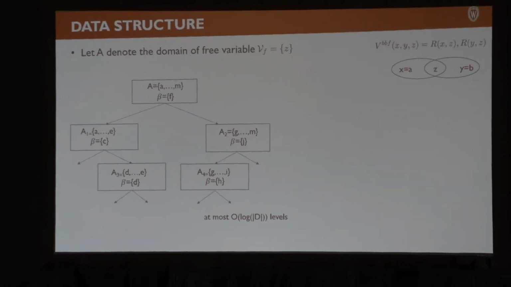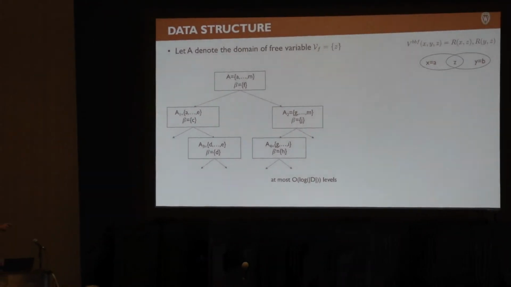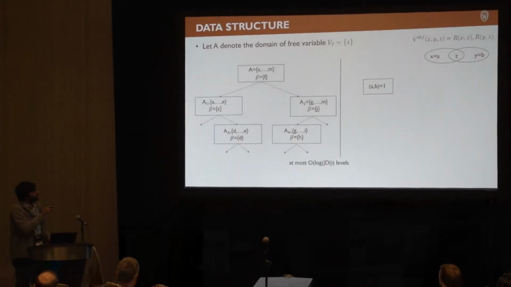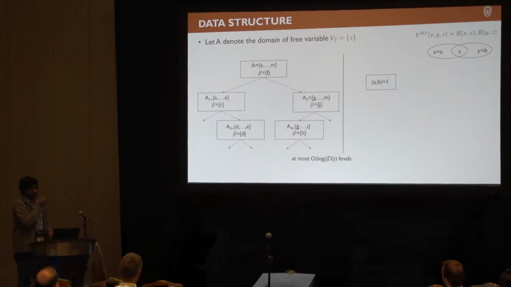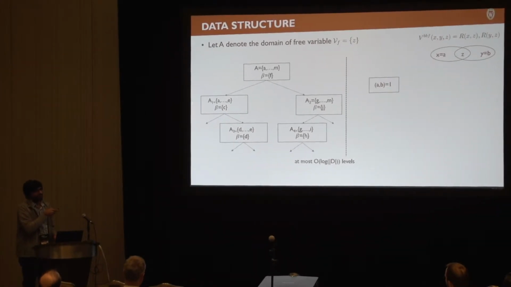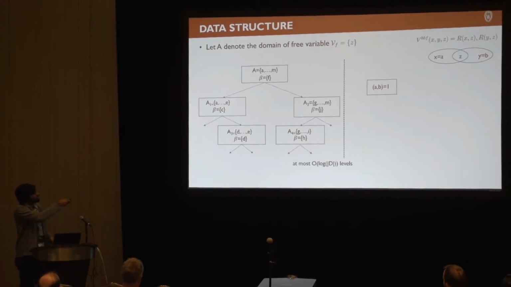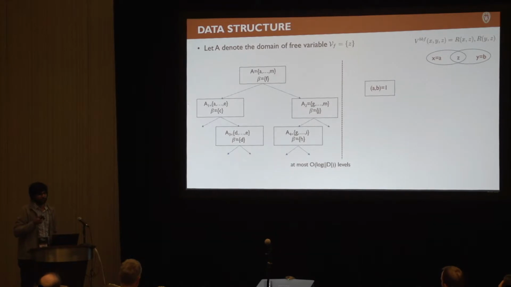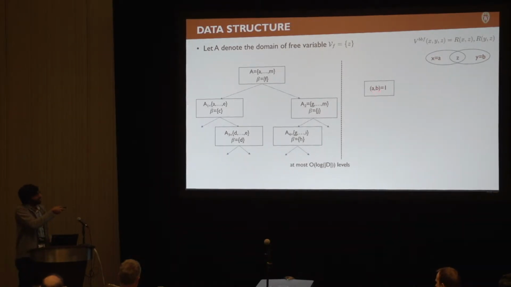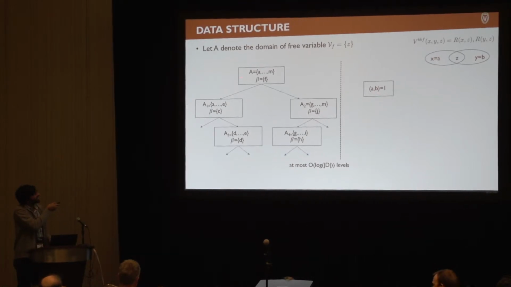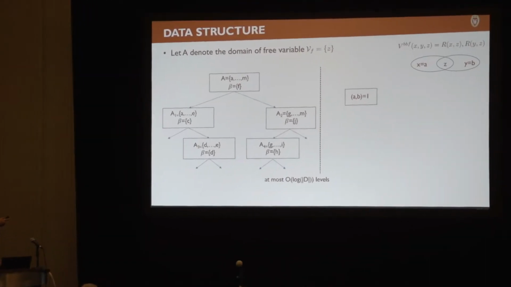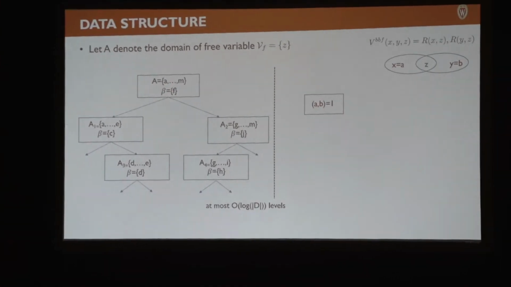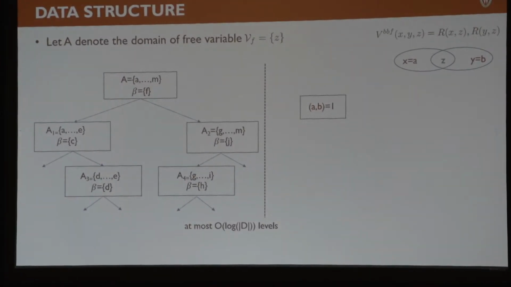Once I have my binary tree, I will store the following information. For any input AB where the square root of dA dB was greater than tau, I will mirror the structure of this entire tree, and for each node, I will store two pieces of information. First, I will store a bit of 1 for the given input AB if there exists at least one valid valuation in this domain such that the join condition will be satisfied.